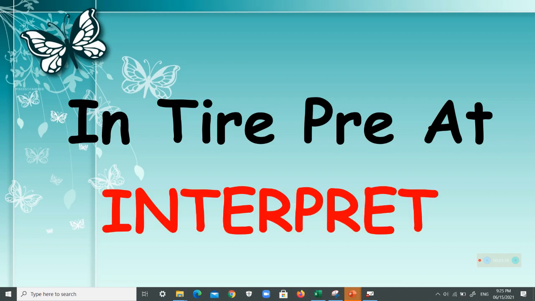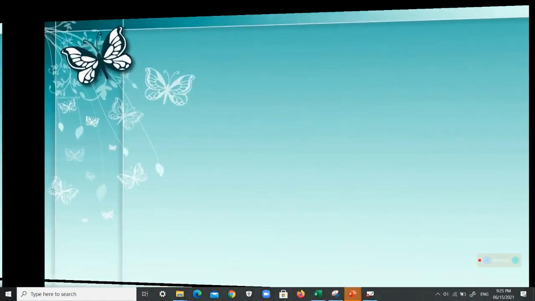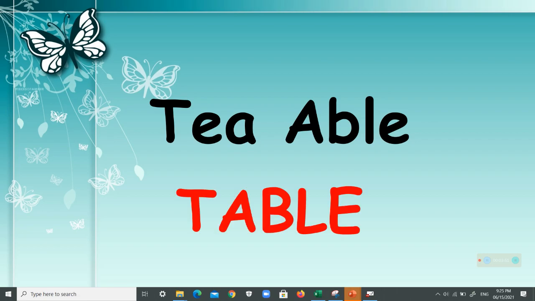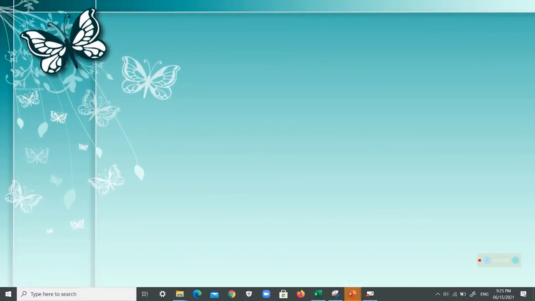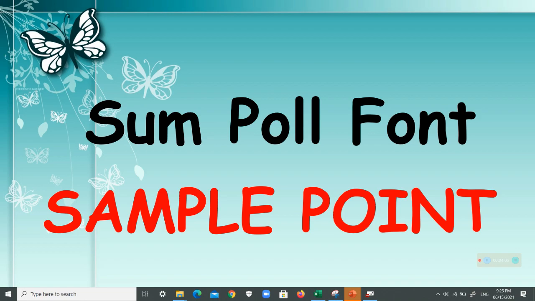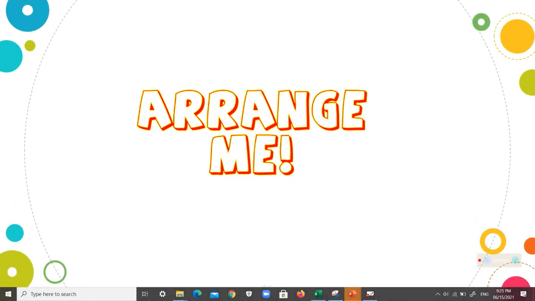The word is interpret, correct. And this word is table, correct. It's another method that we're going to discuss later. How about this one? We have here sample point, correct. So I hope you enjoyed the game.